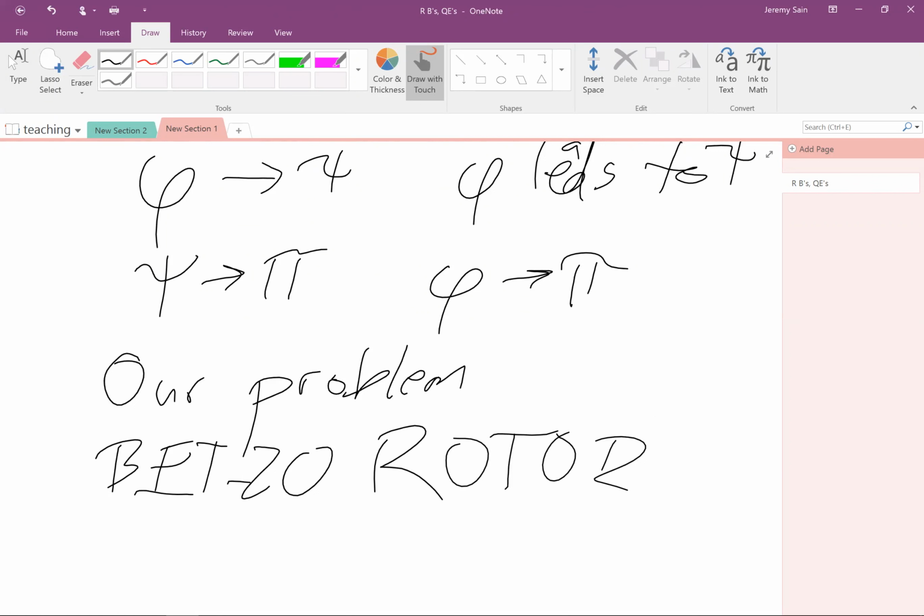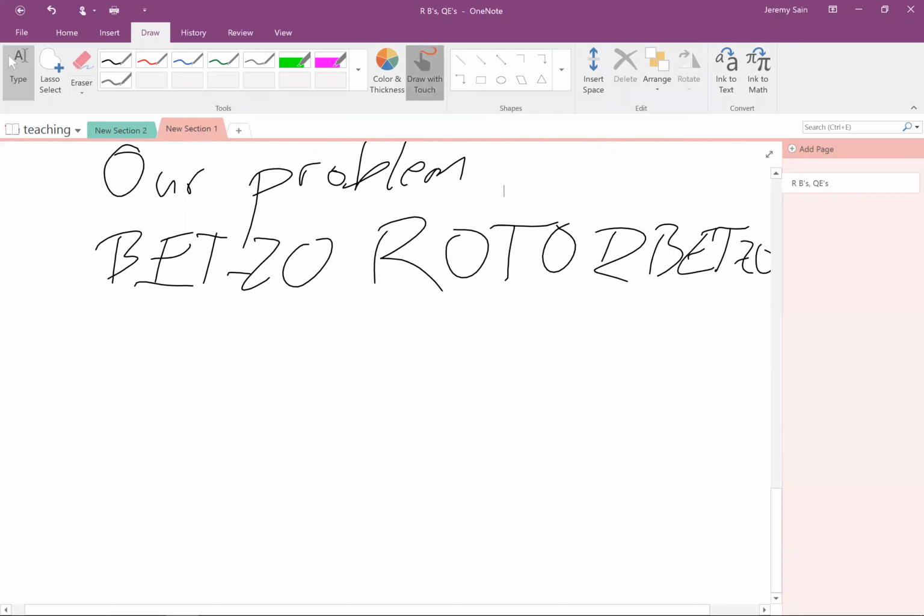So definitely any state will lead to rotor, possibly. And vice versa. If I'm at rotor and I want B-E-T-Z-O, well, I just write B-E-T-Z-O at the end of it. So rotor leads to any state. So this is a very, very special circumstance where actually every state leads to every other state. And this is a scenario called irreducible.